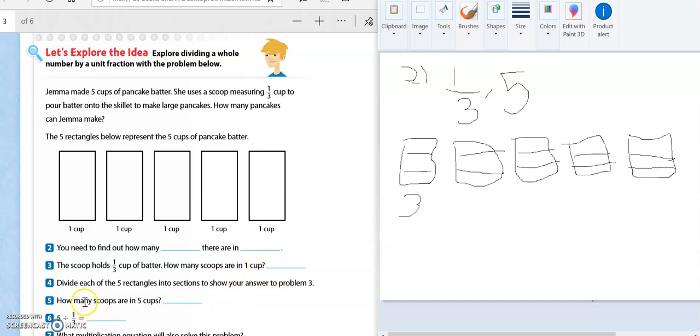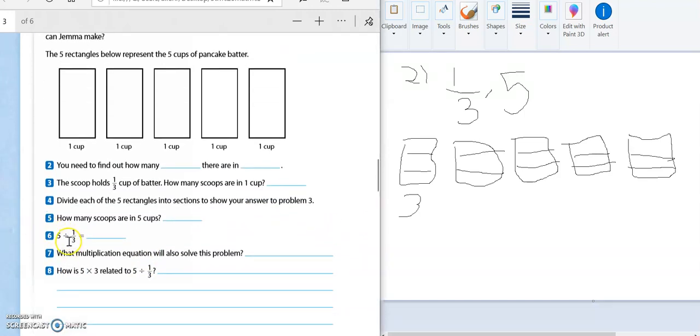For number 4, it says divide each of the 5 rectangles into sections to show your answer to problem 3. So we've done that here. We divide them all into 3 parts, all 1, 2, 3, 4, 5, and each of them has 3 scoops. And number 6 says, what is 5 divided by 1/3? So we divided 1, 2, 3, 4, 5 by thirds, 1/3, 2/3, 3/3, and all we're going to do is count each scoop.